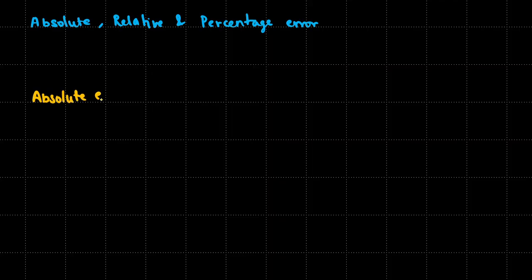Absolute error. When we talk about absolute error, we are looking at what is the actual error. What error do we actually get? So think about it. It's the true value minus the observed value. We also did an example back then of 20 centimeter, but let's write it again.